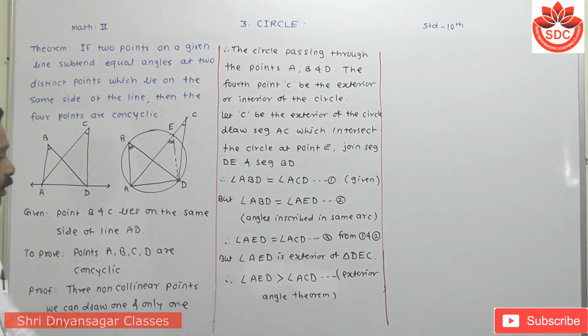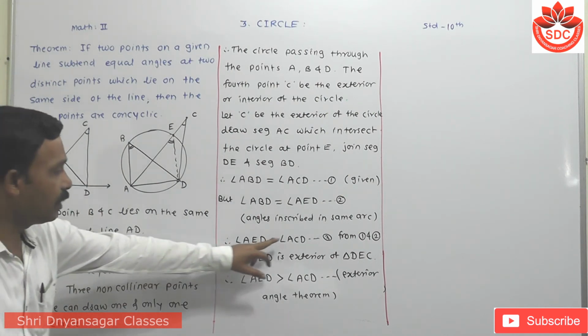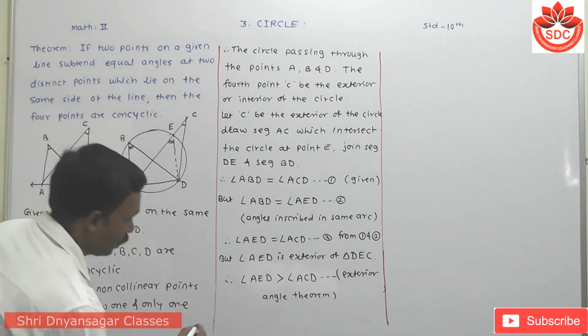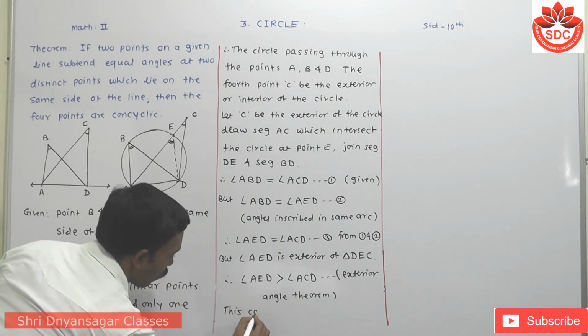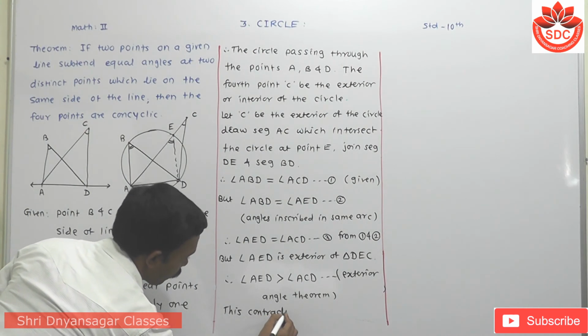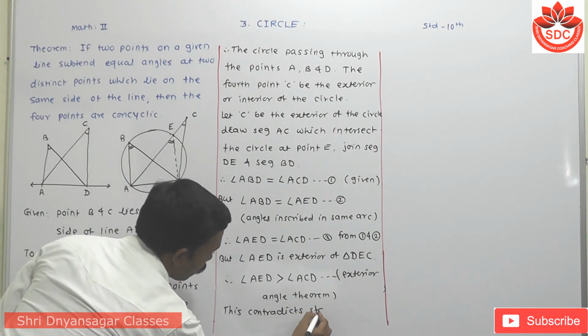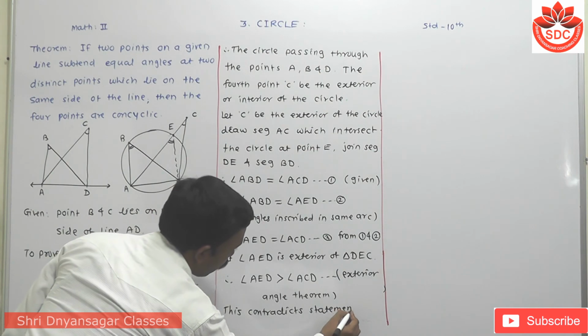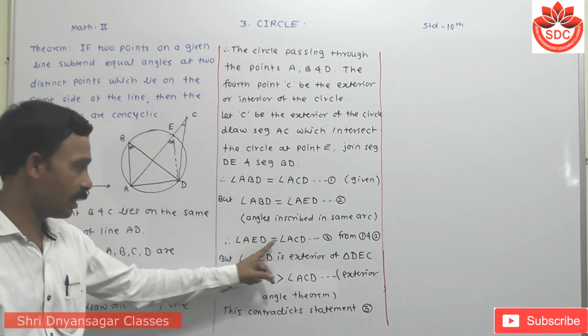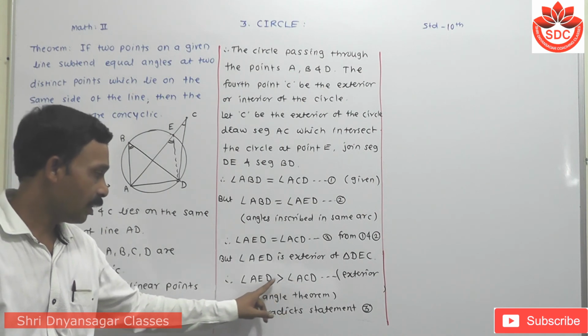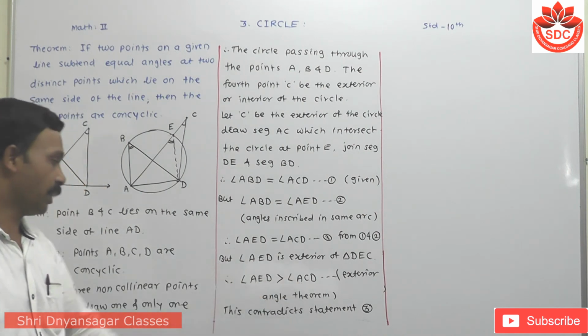Student, this is greater than ACD, means this contradicts with the statement third. Therefore, this contradicts statement third. स्टेटमेंट थर्ड से हा विरोधाभास तयार होतो आणि इथून इक्वल आहे आणि इथे काय दिसतंय की हा मोठा आहे कोणापेक्षा ACD पेक्षा.